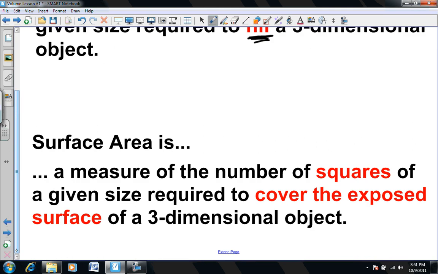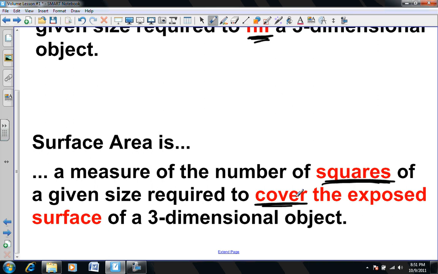Surface area is very similar to regular area. Surface area is the measure of the number of squares of a given size, just like regular area, required to cover something. But now we're not just covering a two-dimensional object, we're covering the surface of a three-dimensional object.